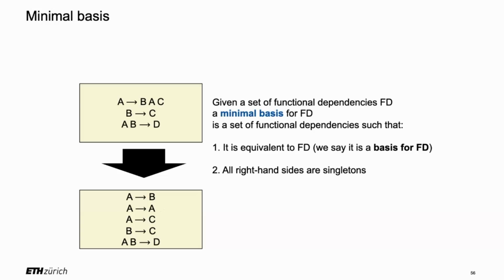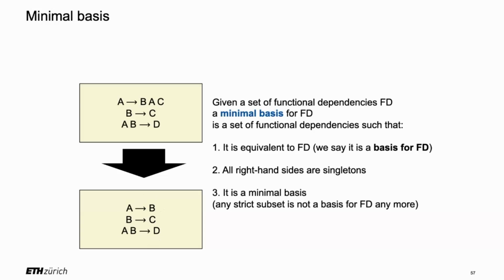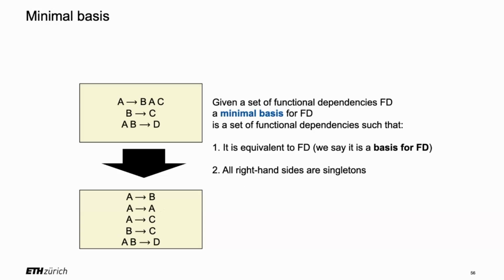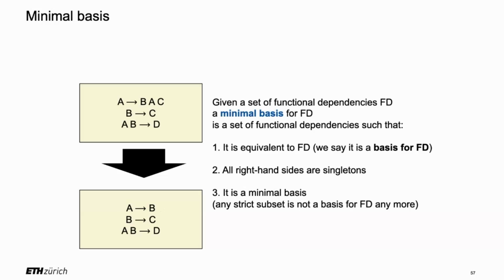A gives me A, that's trivial, so I can get rid of it. And what else did I remove? I removed A gives me C, right? What is the rule I used for removing A gives me C? Transitivity, exactly, because I have A gives me B and B gives me C, so I already know that A gives me C, so that one is also useless by transitivity.